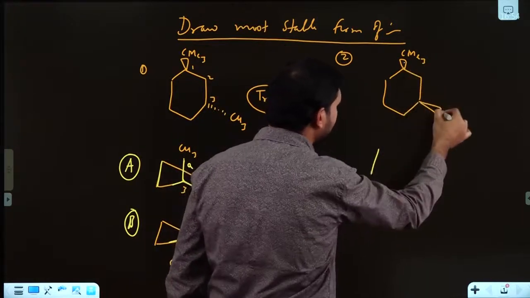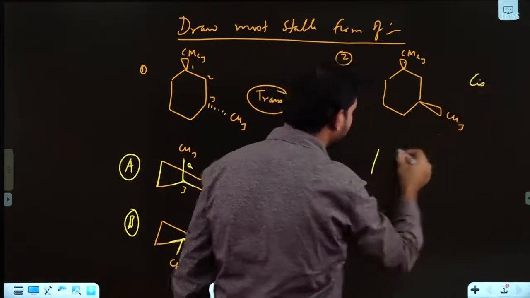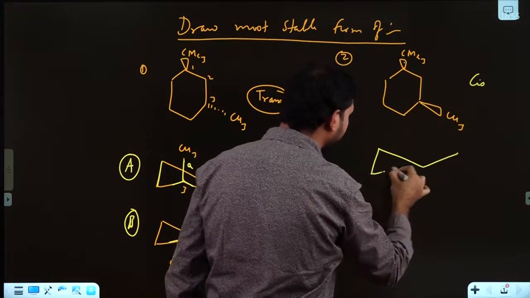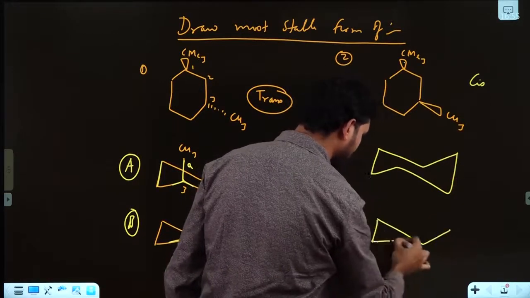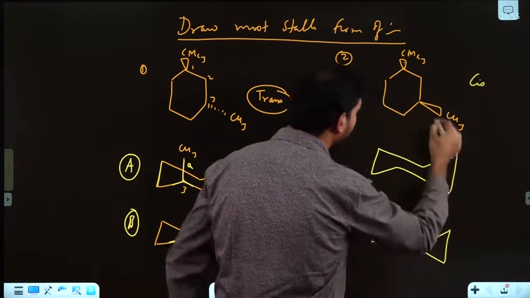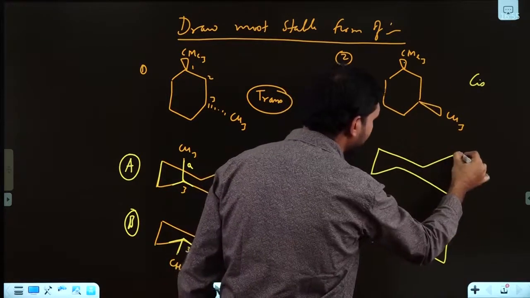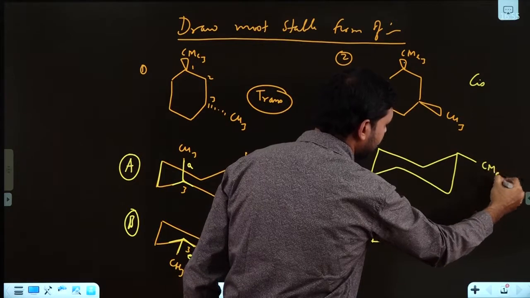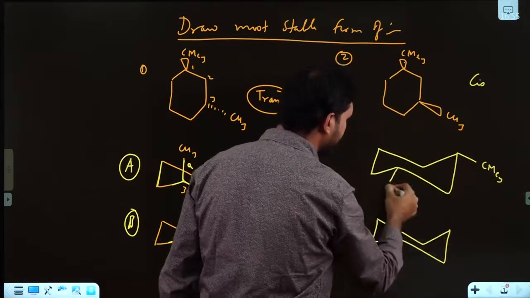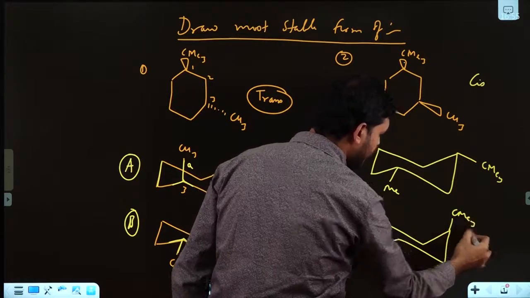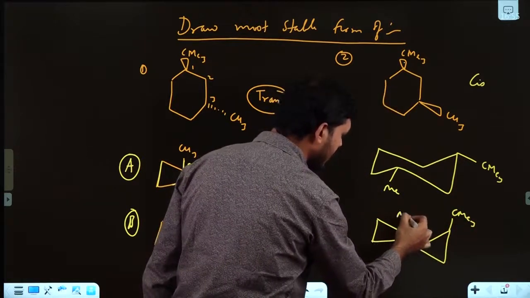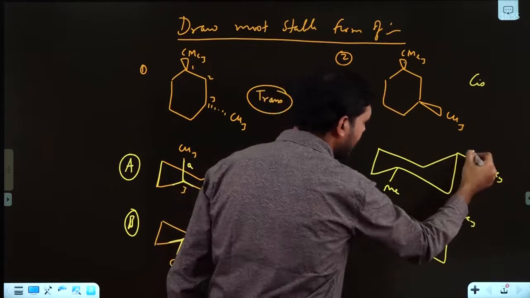It is wedge, it is also wedge. So you can say it is cis form. Let's take this as one simply. CMe3 down, 1, 2, 3. It is also down. Or CMe3 in up, and this is also in up. Now this is equatorial.